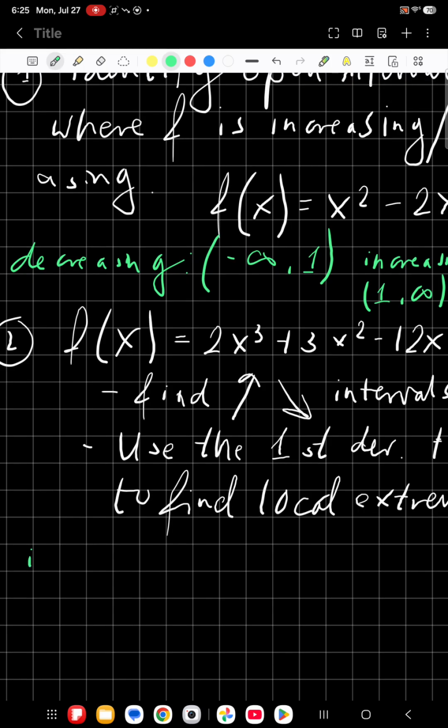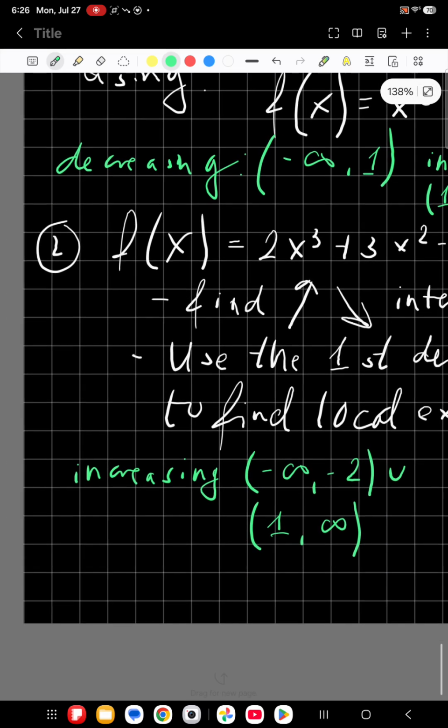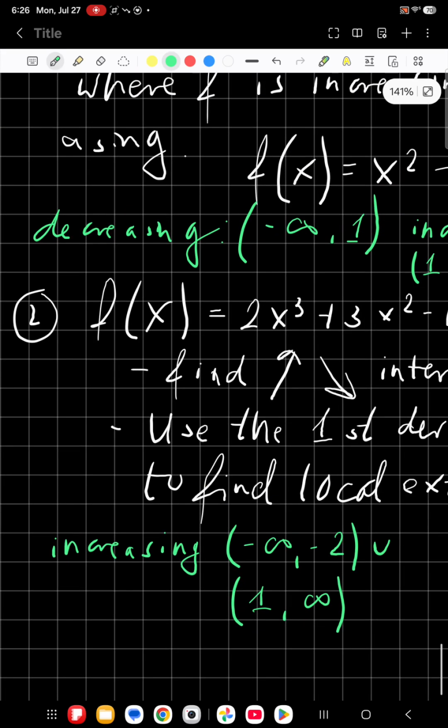And then the second one, so increasing. We have increasing on from negative infinity to negative 2. That's the first interval. The second one is from 1 to infinity. Okay, and then decreasing. Okay, so that interval is from negative 2 to 1.